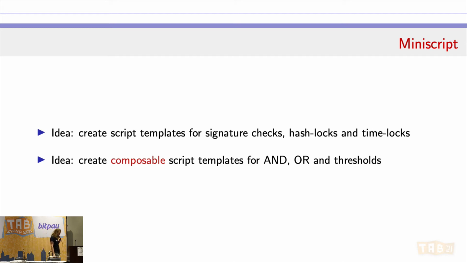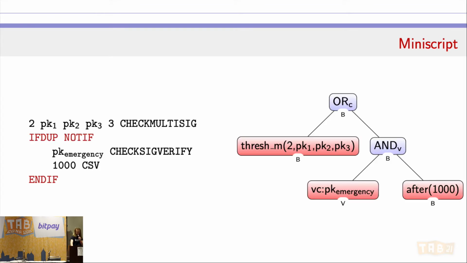And the other difference between this and what you might think of as a high-level language is that this isn't just a friendlier way to write an imperative program. This isn't a friendlier way to tell all the nodes, do this, do that, do that, do that, and then if everything's okay, let the coins move. The way that miniscript works is that you really are directly representing the spending conditions that you want to express.